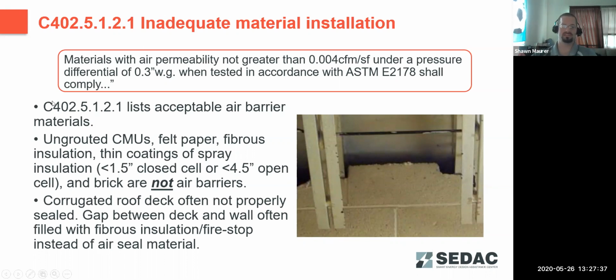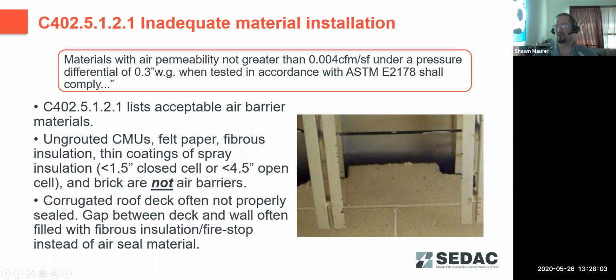The code book does list acceptable air barrier materials, including common things like particle board, OSB, poured concrete, things like that. Some materials that you think might be air barrier materials but are not: ungrouted CMUs, felt paper, fibrous insulation. The main thing to be concerned with is spray foam insulation.